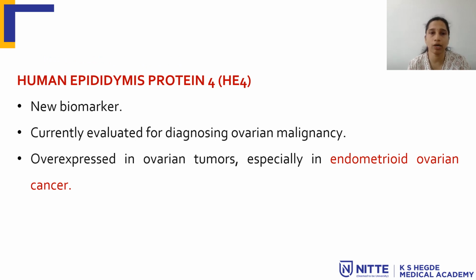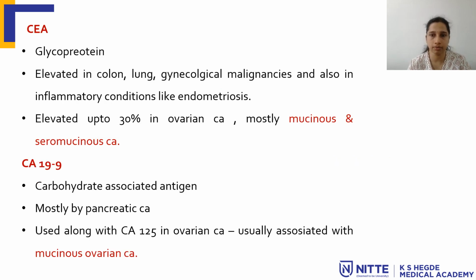HE4 is another new biomarker. It is considered as a current marker for ovarian malignancy, especially which can be positive in endometrioid type of ovarian cancer. CEA is a glycoprotein. It is not specific for ovarian cancer.